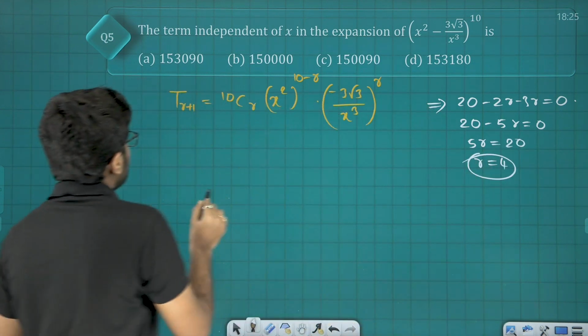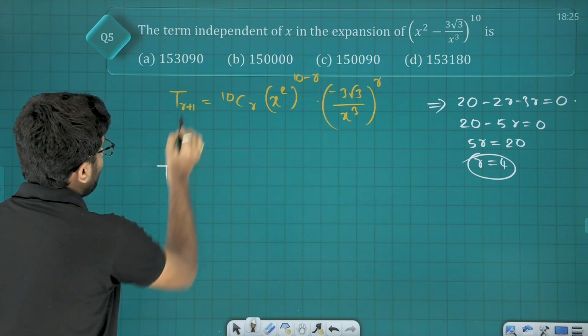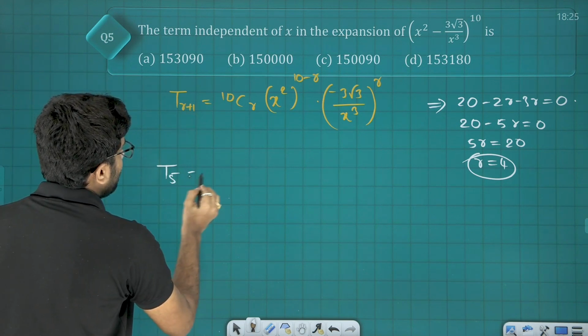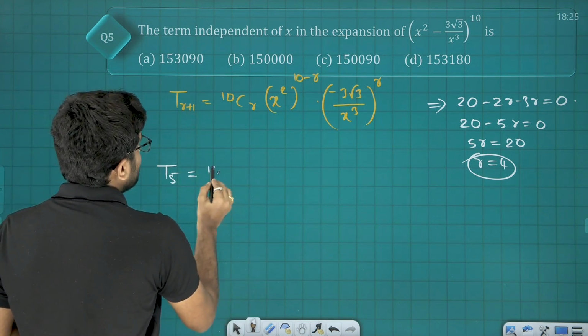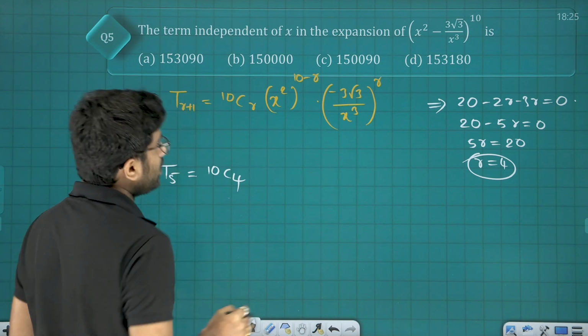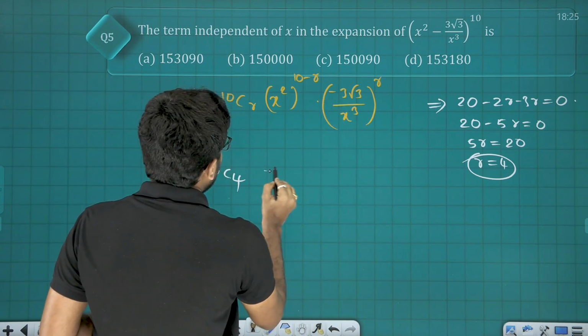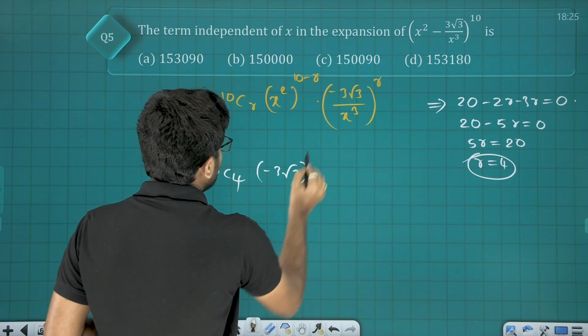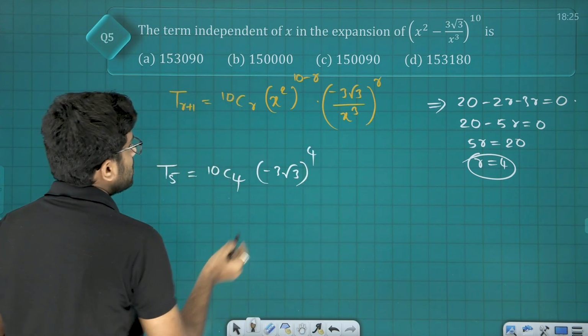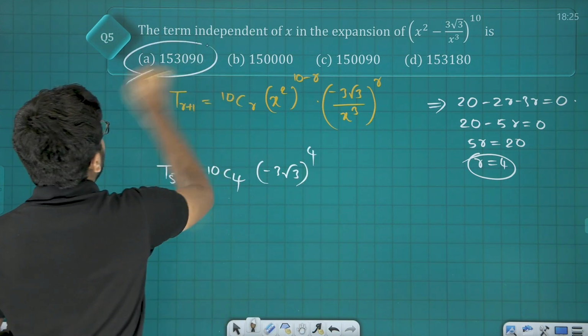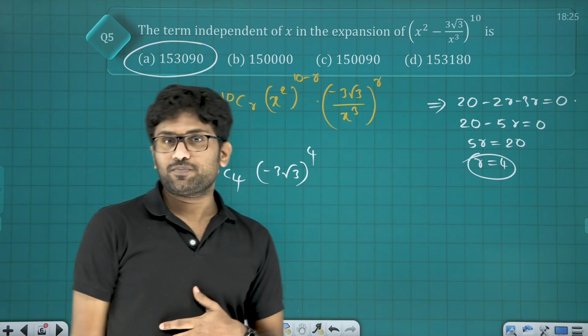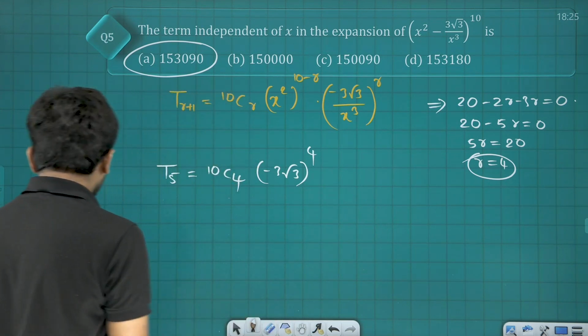Now put r equal to 4 in this expression. So which term will be the term independent? The fifth term will be the term independent. That is 10C4 into only (minus 3 root 3) whole raised to 4, friends. If you simplify this, you will get 153090. Option A. Clear? Next question.